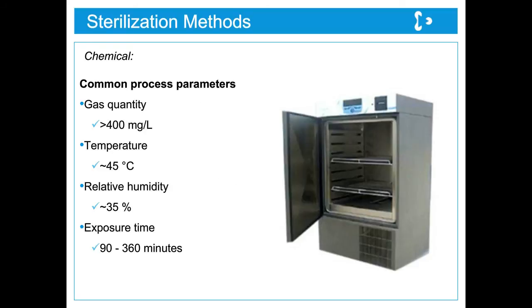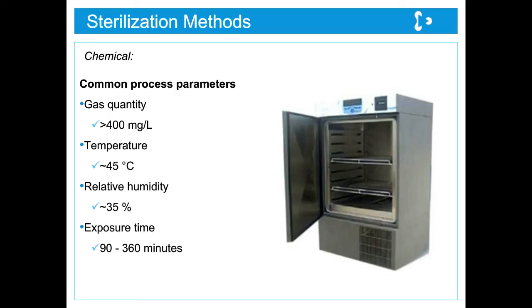Here are the typical process parameters for chemical sterilization. You want to make sure the gas quantity is over 400 milligrams per liter. The temperature is only roughly around 45 degrees Celsius. That's roughly around 20 degrees Celsius above room temperature, so you can see it's not a high heat sterilization method.